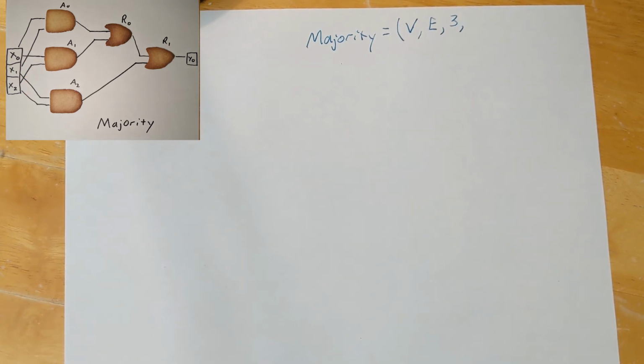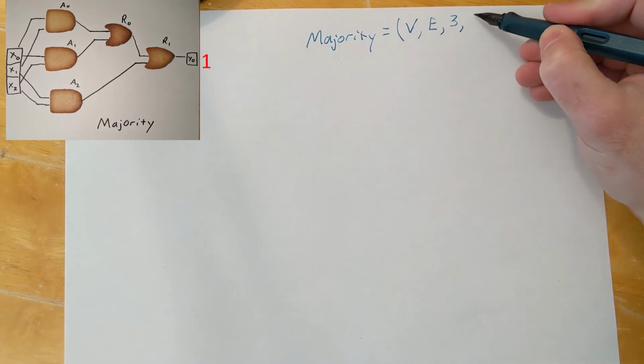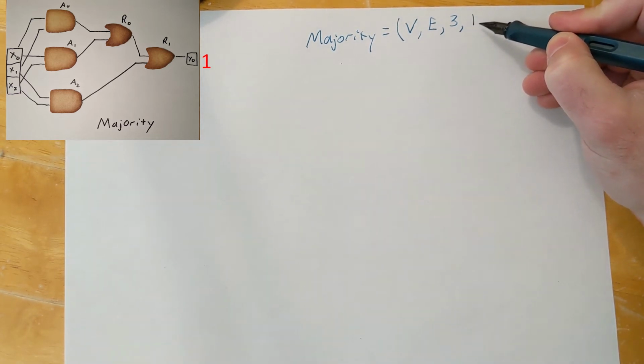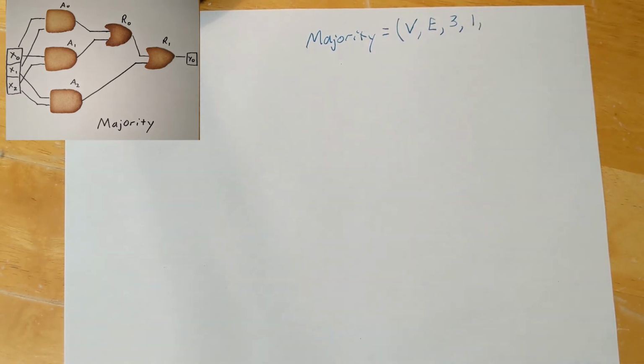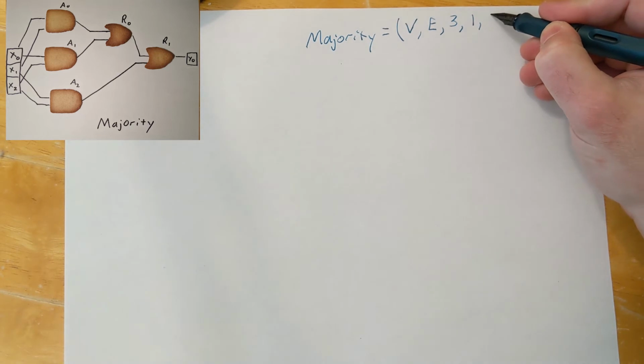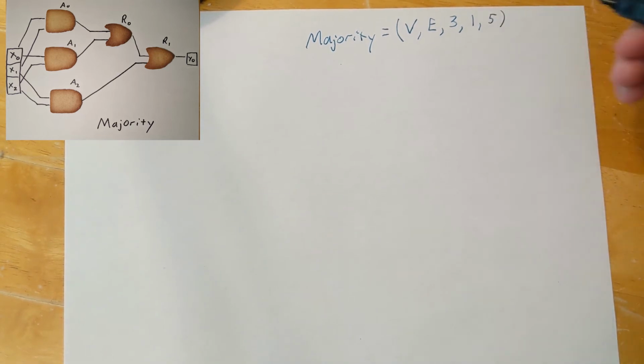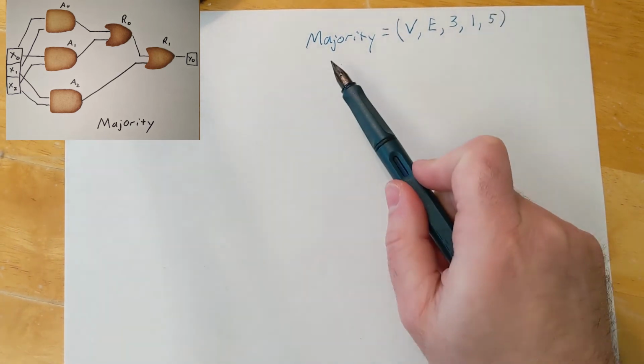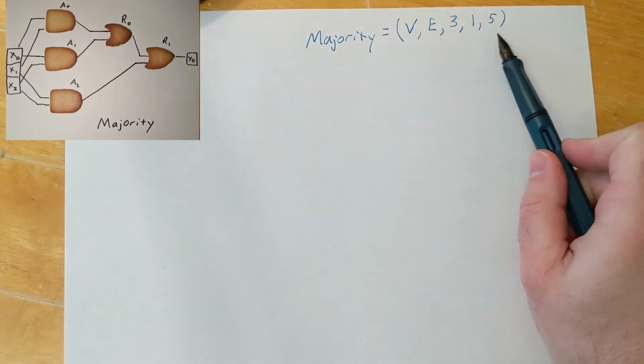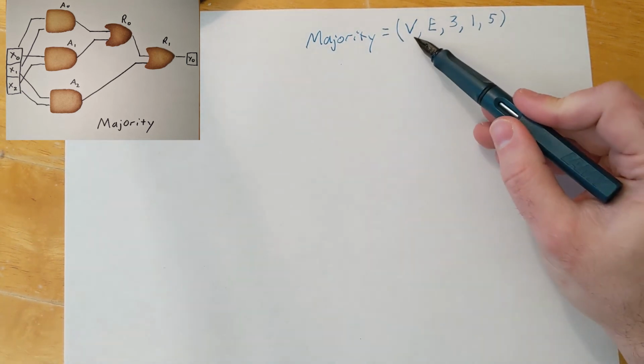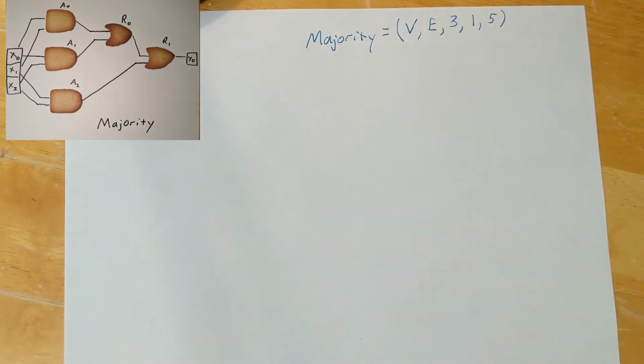And then we need the number of output bits. In this case, we only have 1 output bit, so m will be 1. And then we need the total number of logical gates that are in our circuit. In this case, that is going to be 5. So now we have that majority is equal to V, E, 3, 1, 5. Once we define V and E, then we should have our circuit defined.